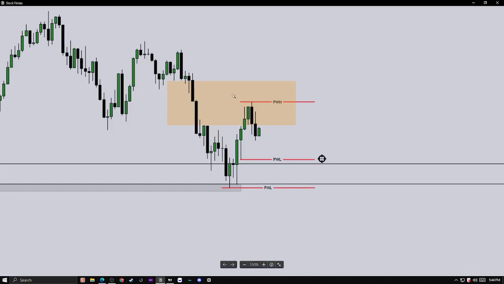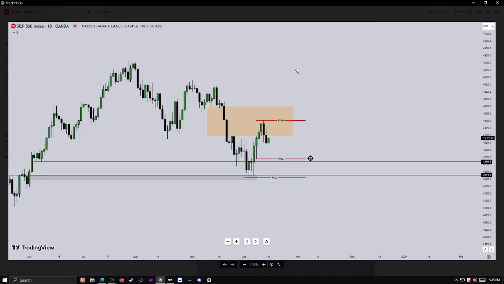So on the daily, you see how this comes into play perfectly, right? So it comes in this fair value gap, probably hits consequent encroachment right about here, hits another fair value gap, gets rejected, comes down, comes down, comes down. And now we close the week there. This is the previous week low, and now what we're expecting is a move higher into some kind of fair value gap here, or even this rejection of this fair value gap on a lower down move, right?